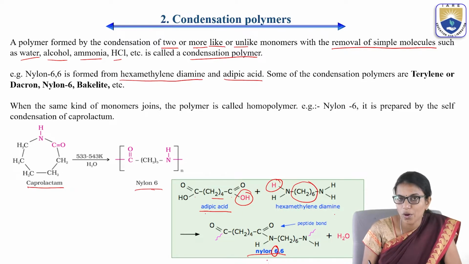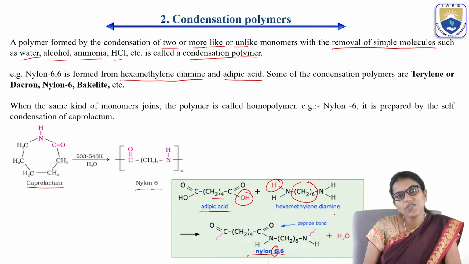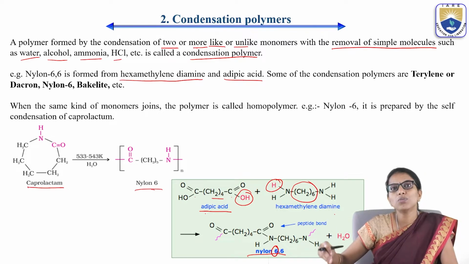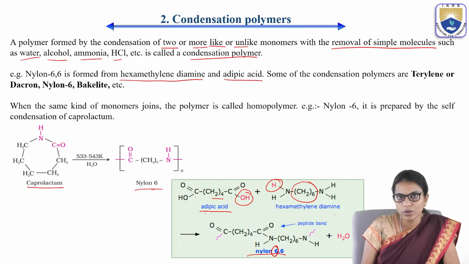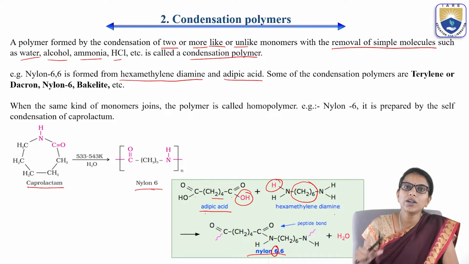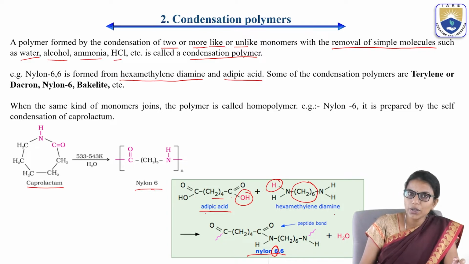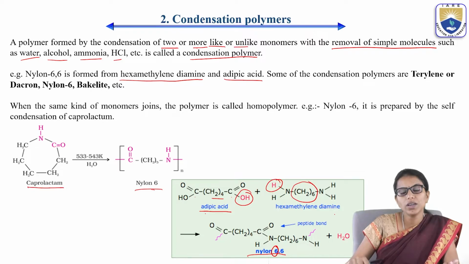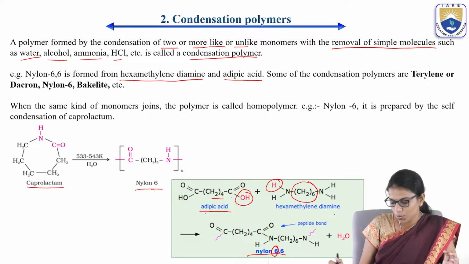This molecule is formed, and it is itself used as a monomer for further polymerization. Different molecules condense together and form a different type of monomer, and that repeating monomer forms the condensation polymer.